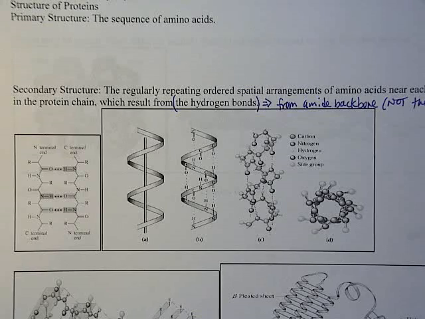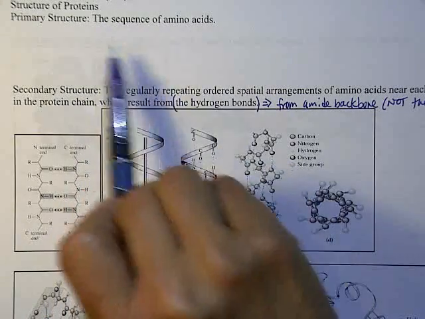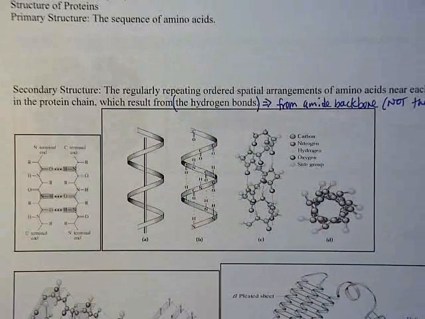What the secondary structure is asking is, once you know the order and what amino acids are present, do they exist in a straight chain, or do they exist in some other way?